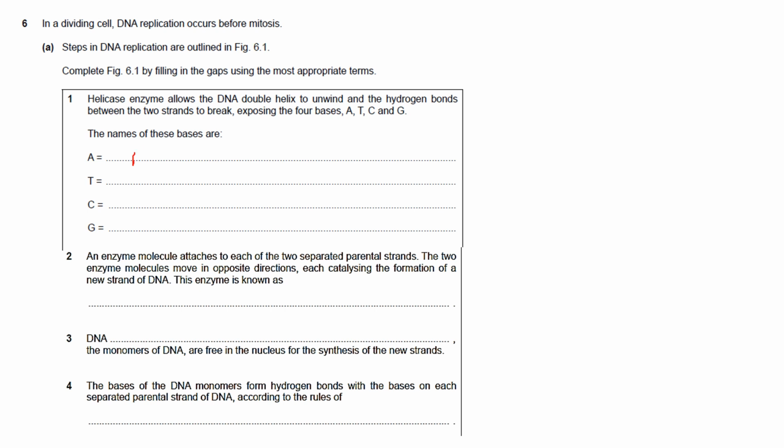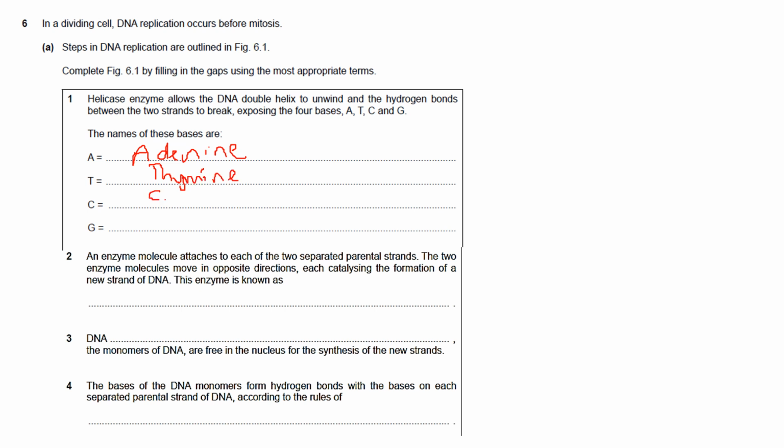What are the names of these bases? So A is adenine. Please, A is not adenosine. Adenosine is the one that is found in ATP. When you're speaking about DNA replication and all of this, you are speaking of adenine. All right, please don't make that mistake. If you write adenosine instead of adenine, you will not get marks. T is thymine.